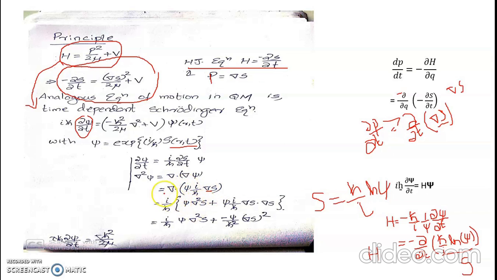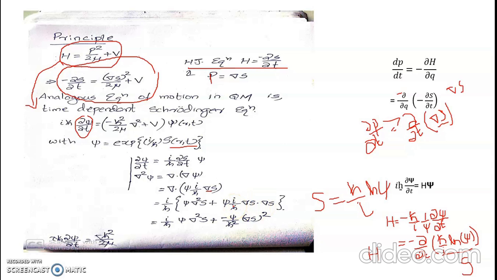That is psi into del dot grad S, which is del square S, plus the second function grad S into the derivative of this psi with respect to position. That is nothing other than psi into i by h cross into grad S. Psi into i by h cross into grad S is the second function.